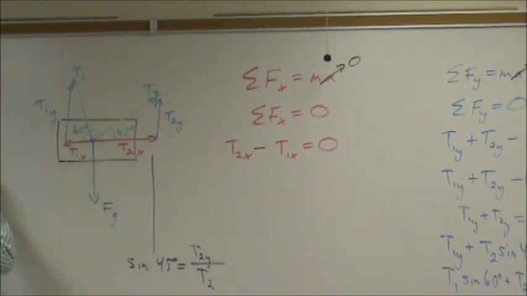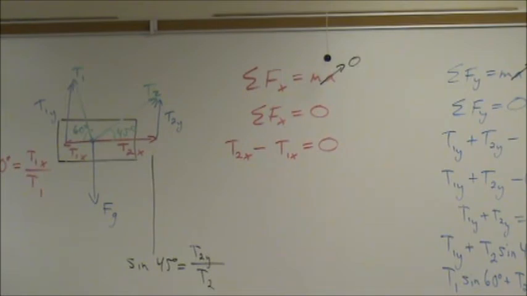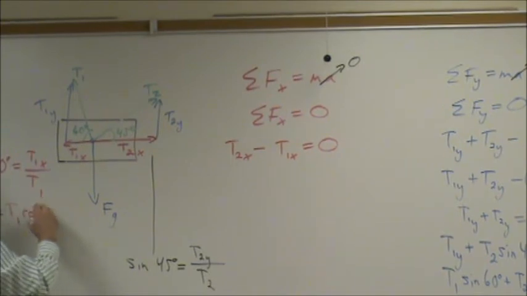So if I go over here and do cosine of 60 degrees equals adjacent T1x over hypotenuse T1. And in the same way I can say T1x then must be T1 times cosine of 60.